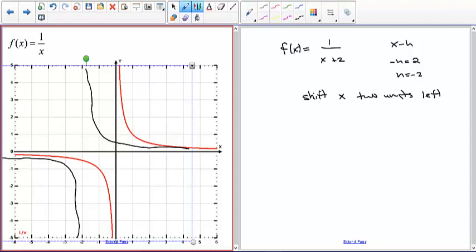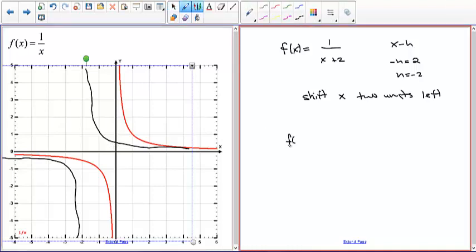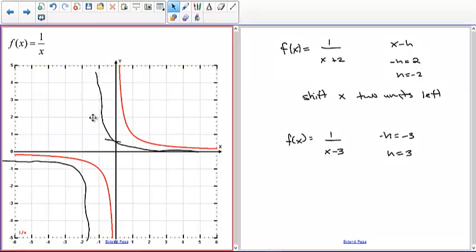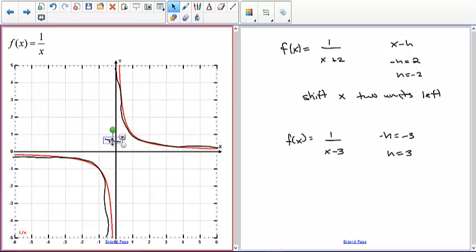Okay, so you can imagine that if I have f of x equals 1 over x minus 3, in that case, negative h is equal to negative 3, or h is equal to 3, which means I would shift it the other direction. So here's the parent function, and then I just move 3 units to the right.